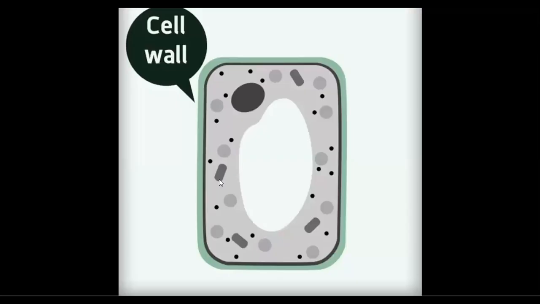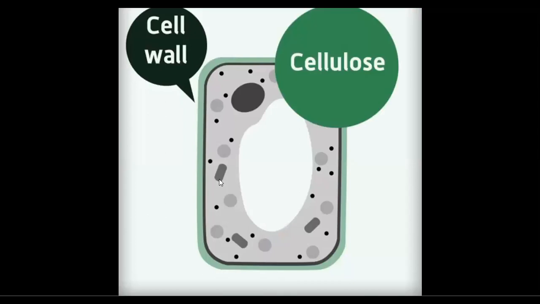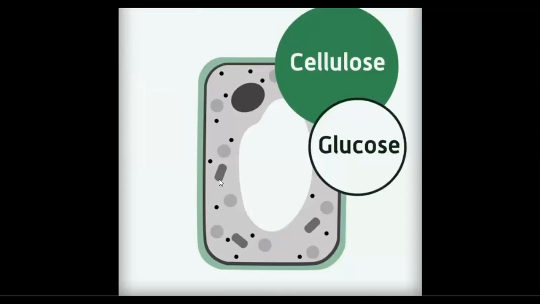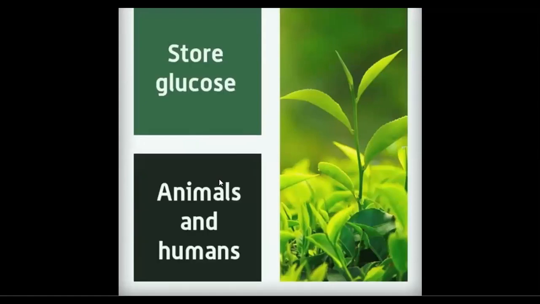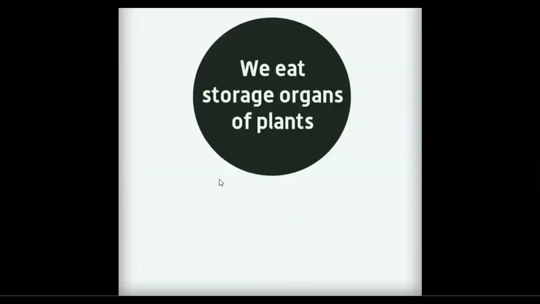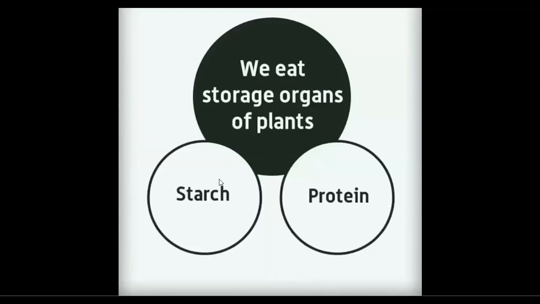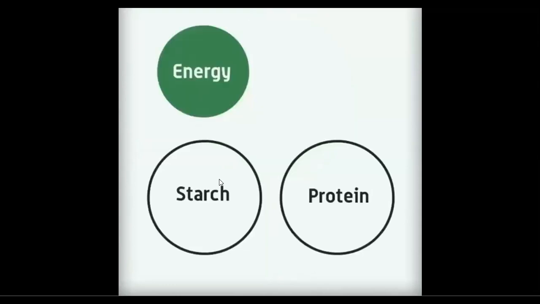Plants have cell walls made from cellulose. Glucose is essential here too because cellulose is made from glucose. The fact that plants store glucose as these many different substances is important for animals, including humans. We eat the storage organs of plants and use the substances such as starch and protein to provide us with the energy and raw materials for growth and repair.